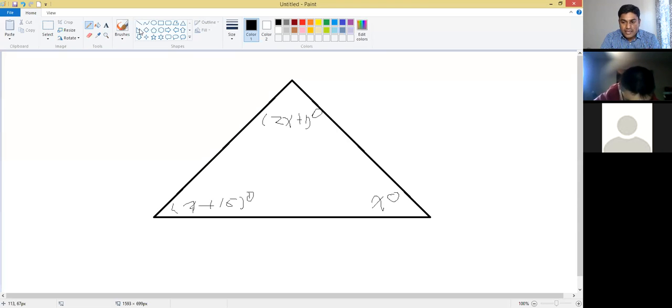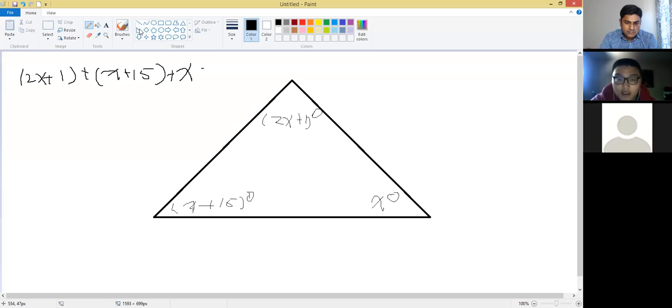But again, it's the same principle as last time. All the angles put together should be equal to 180. There we go. So 2x plus 1 plus x plus 15 plus x.